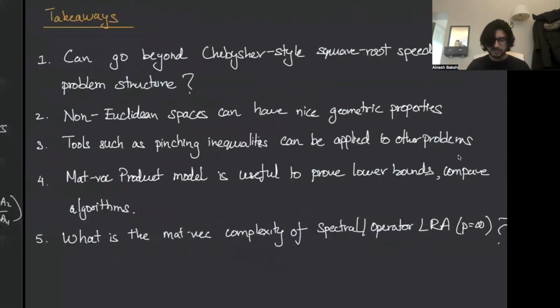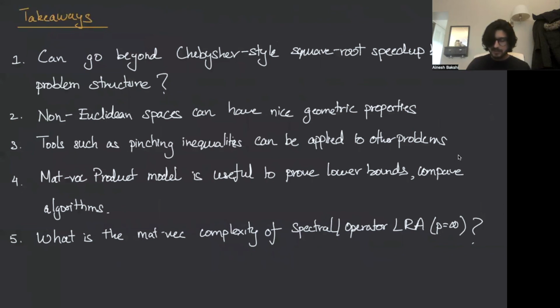Okay, so I'm going to conclude with some takeaways. At a very high level, our results indicate that we can go beyond Chebyshev-style square root speedups by exploiting more structure in the problem. We would be very curious to see if this phenomenon occurs in other problems as well.